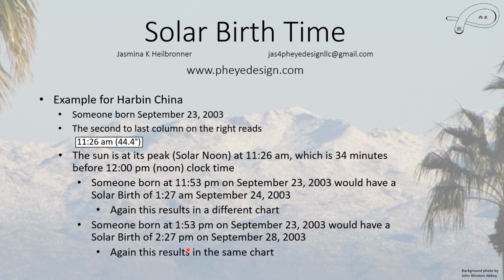But if you were born at 1:53 p.m. that same day, it would result in a birth time of only 2:27 p.m. that same day. Now this results in the same chart, and you don't have the problem of you're born too close to an odd hour change. So this probably will definitely be your chart.